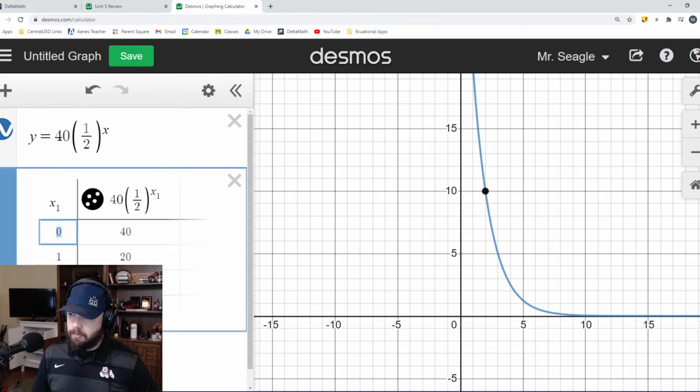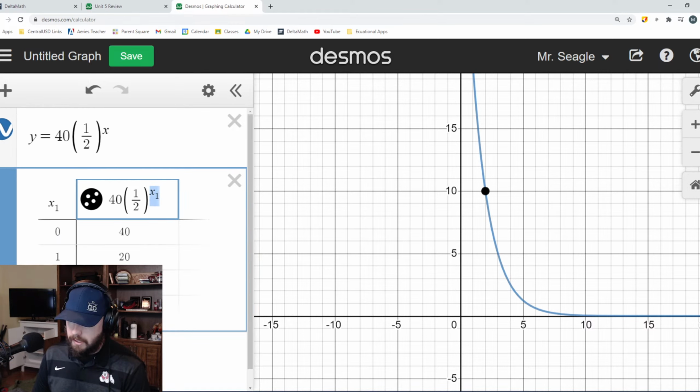This is taking the 0 and plugging it in right here. So 1/2 to the 0 power is 1, and 1 times 40 is 40. Then 1/2 to the 1 power is just 1/2, and 1/2 of 40 is 20. 1/2 to the second power is going to be 1/4.